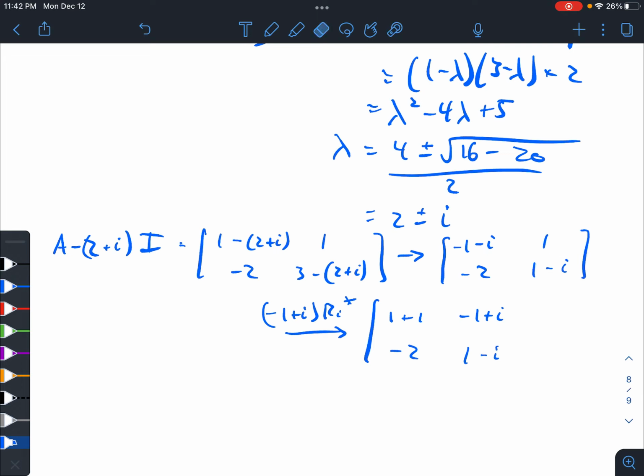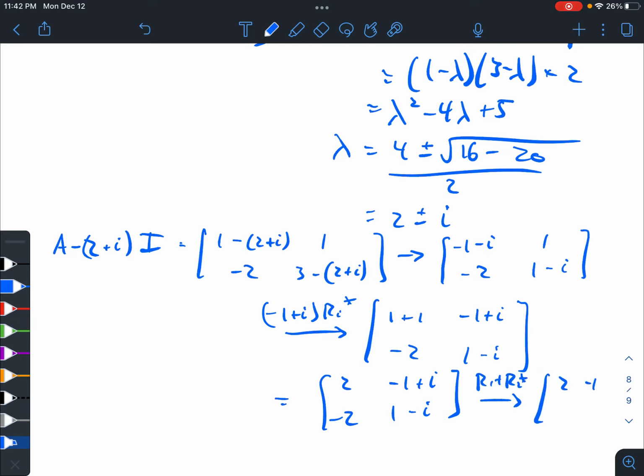Yeah, that was supposed to be minus. So there should be minus as well. So this is, in fact, 2, negative 1 plus i, and negative 2, and 1 minus i. So these rows are opposites of each other. So let's just do row 1 added to row 2.